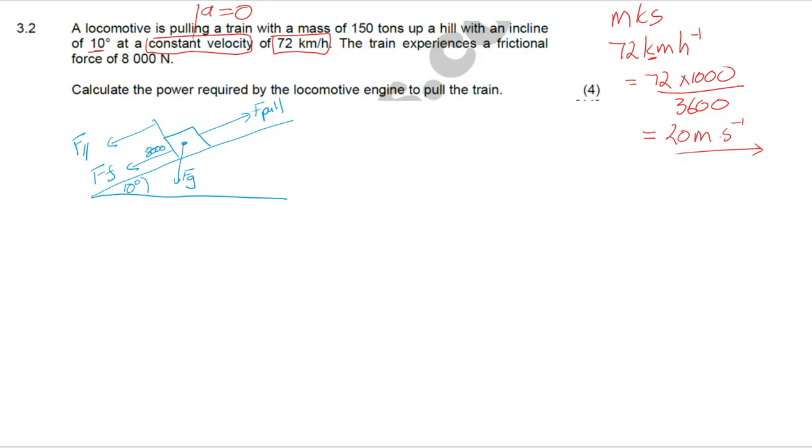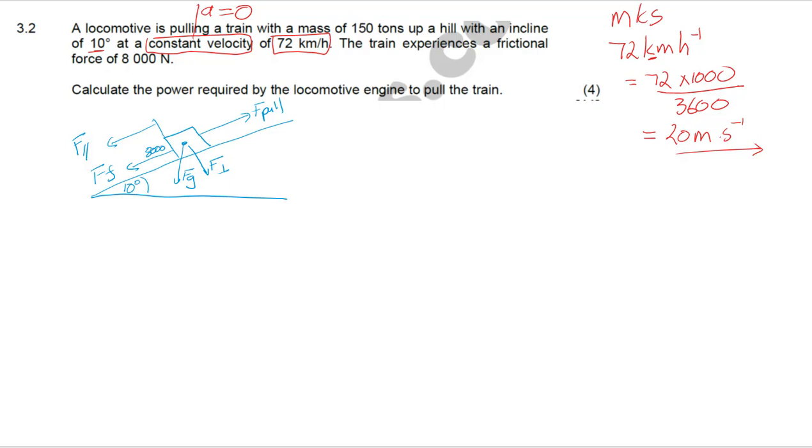Remember, that is the component of gravity working on the plane of action. So we also have the perpendicular component, F perpendicular. The question says we're asked to calculate the power required by the locomotive to pull the train. So the only forces that we're interested in are the forces acting in the plane of action, and that's the 10-degree plane.